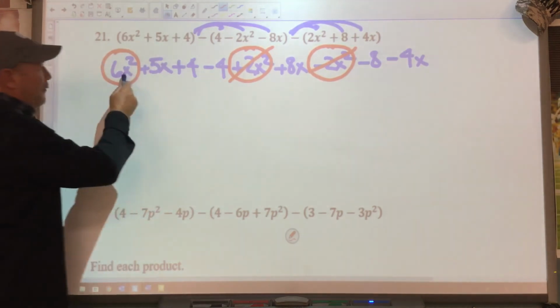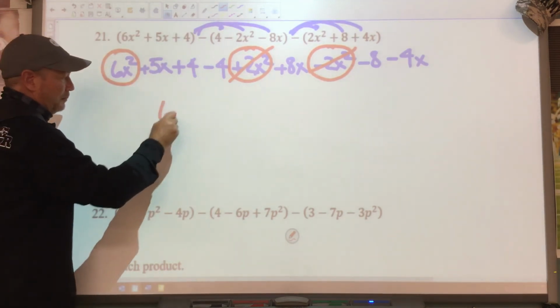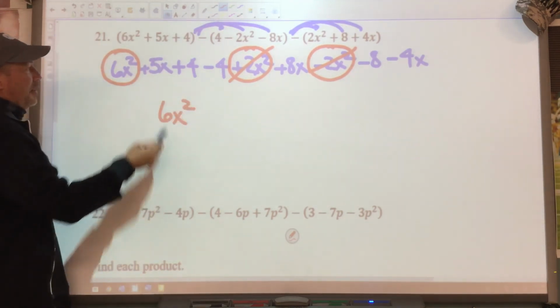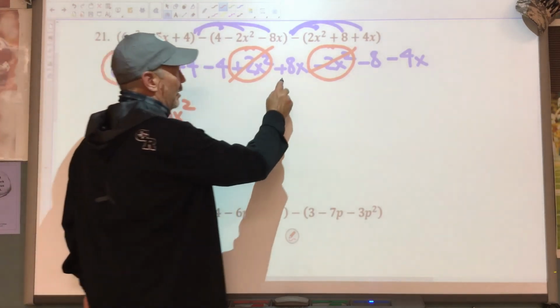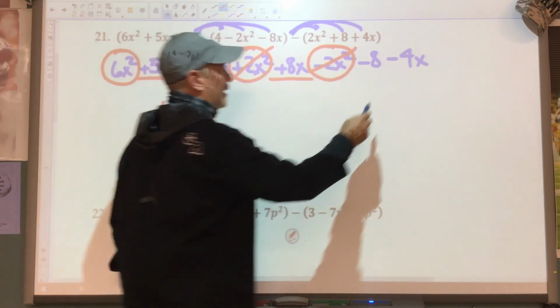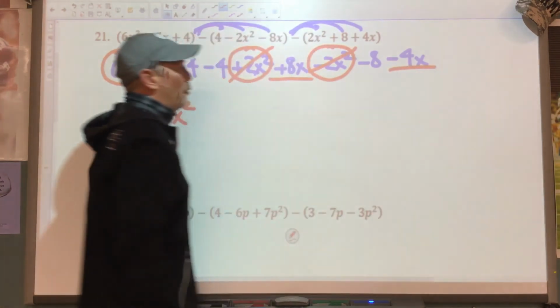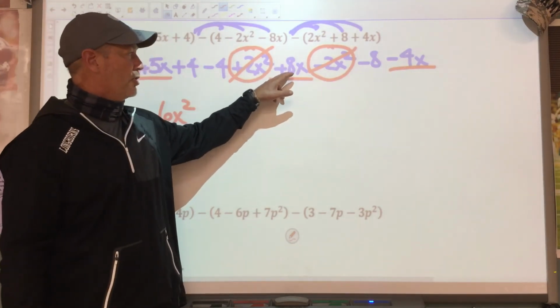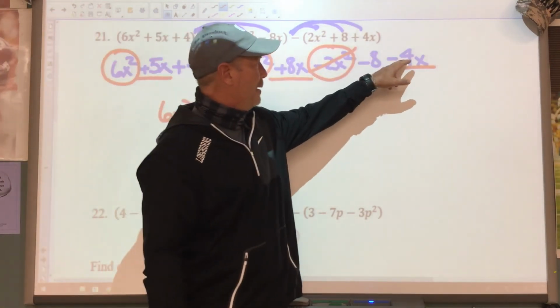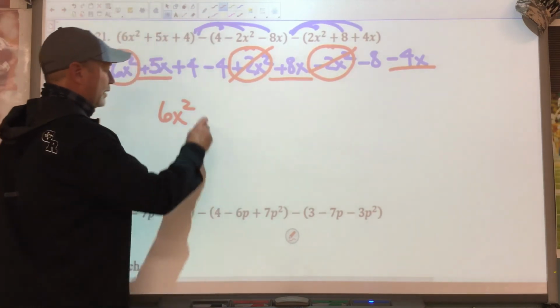So we're only left with 6x squared. Here is 5x. That's a positive 5x. Here's a positive 8x, and here is a negative 4x. 5 plus 8 is 13. 13 minus 4 is a positive 9x.